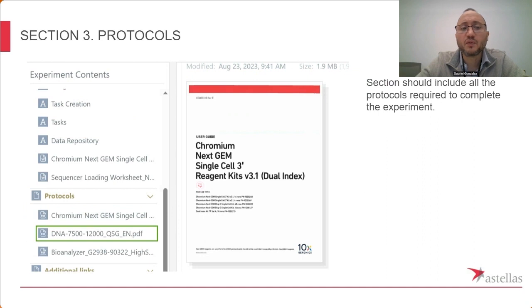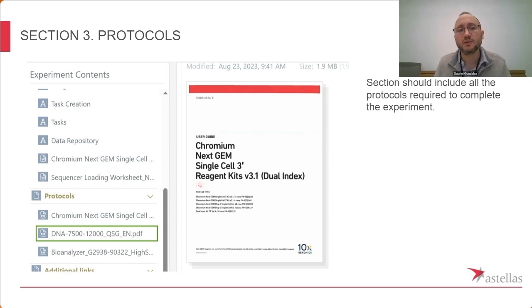Okay, and in section number 3, we have all the protocols. All the protocols that are essential to perform this experiment are placed in this section. As any analyst is running each of the steps, they'll be able to access those protocols, open them on the tablet, and actually follow them as they are performing the experiment.